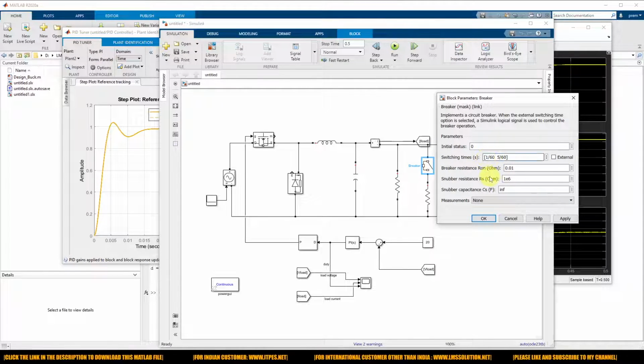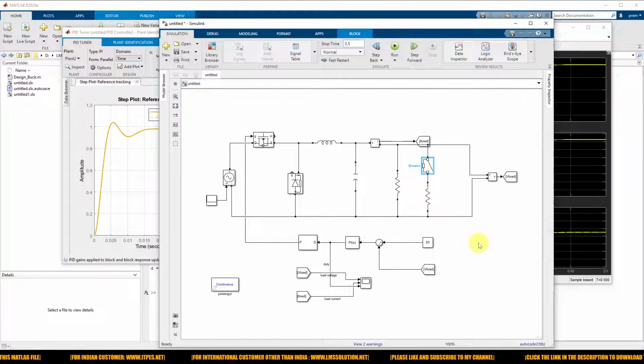That means the load is going to be connected at 0.25 seconds up to 1 second. So from 0 to 0.25 seconds, we are going to use 50 percent load. After 0.25 seconds, this load will be added in the system. That means the total load will be equal to full load, right?